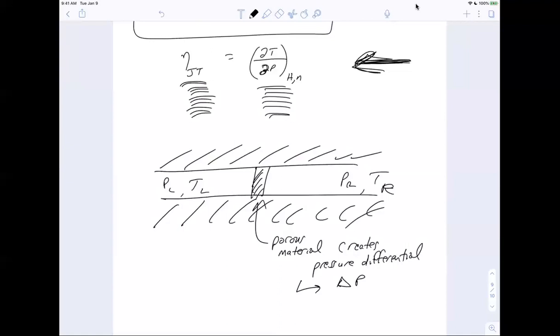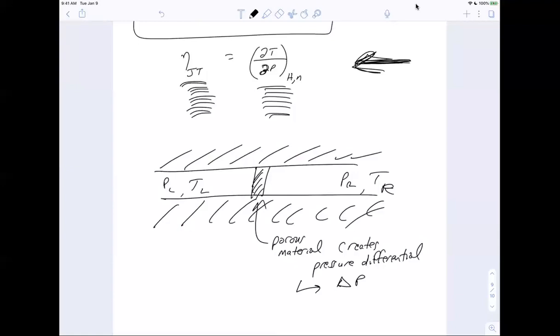So in your experiment, if you have a particular pressure drop, say you are an engineer, or a chemist working with an engineer, you design this instrument with a particular pressure differential across this porous material that gives you a delta P. You can go and look up the Joule-Thomson coefficient in whatever your favorite reference source may be, and you can estimate what the temperature difference would be as this gas or fluid moves across and through this porous material.